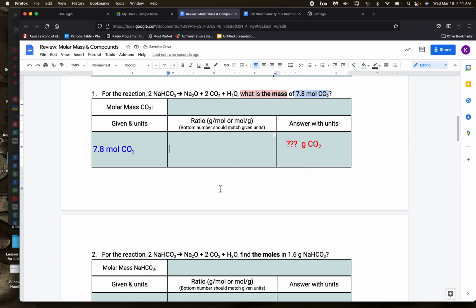So that's the beginning. Remember, we find what we start with, we find where we're going, then we create a ratio, and the ratio has my moles of CO2 on the bottom, and the number for moles is 1, and on top we have our grams of CO2.